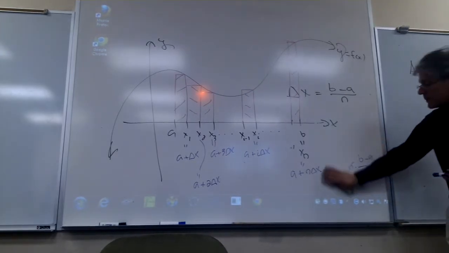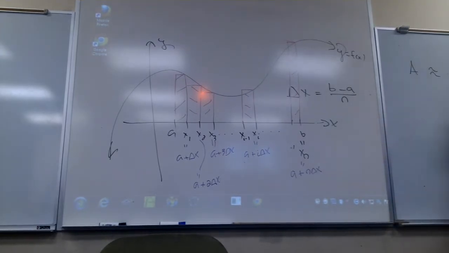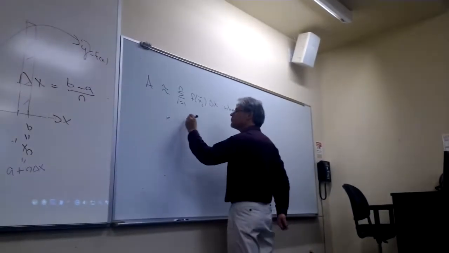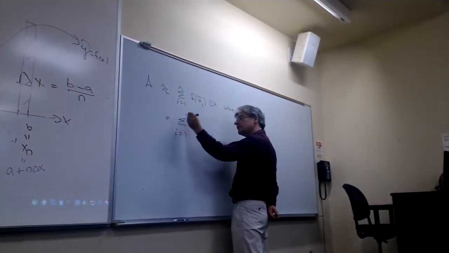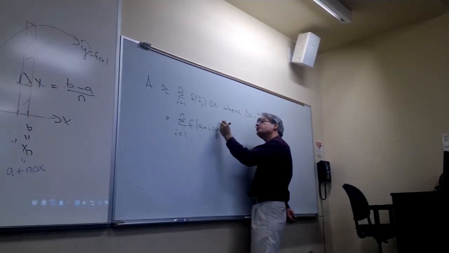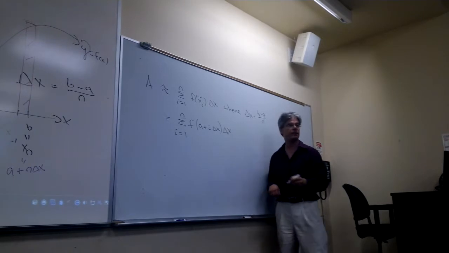However, that means I have the mathematical legal right to come in and, using this right endpoint rule, just write this Riemann sum. I'm going to rewrite this as the sum, as i goes from 1 to n, of f evaluated at a plus i times delta x, all times delta x.